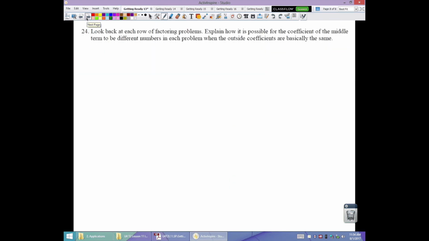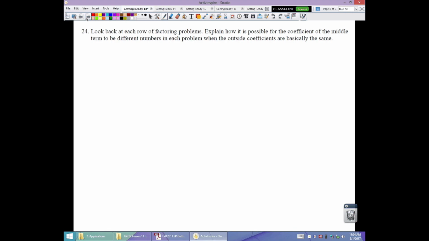So number 24, looking back at each row of those factoring problems, so each row where we kept the a and the c the same, explain how it's possible for the coefficient in the middle term to be different numbers in each problem when your outside coefficients are pretty much the same, maybe changing a sign, but same number part. I'm not going to write anything there.